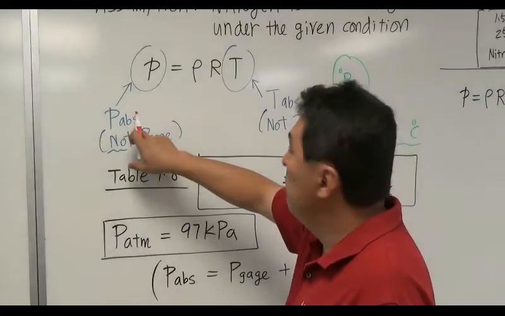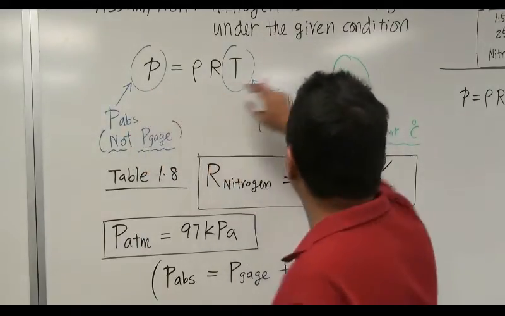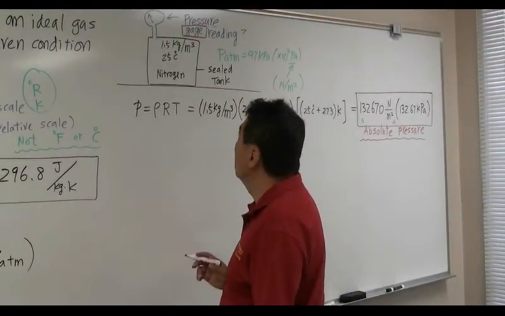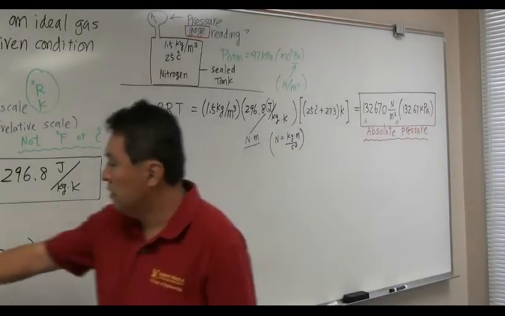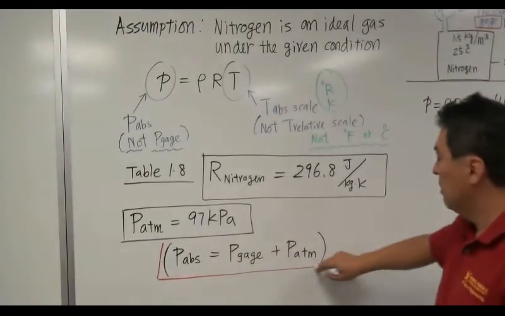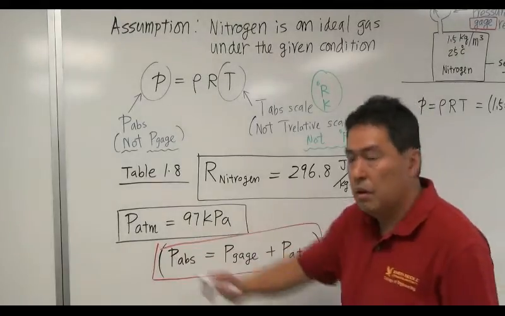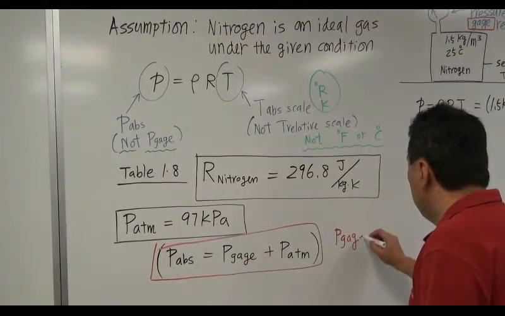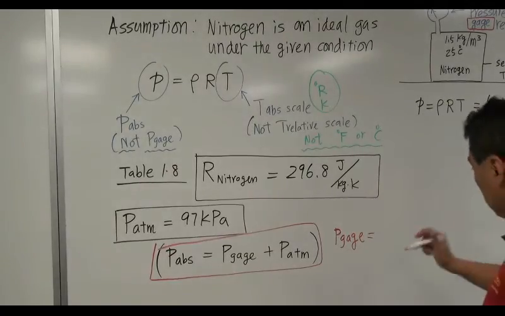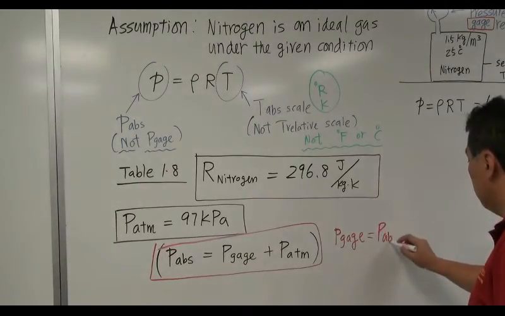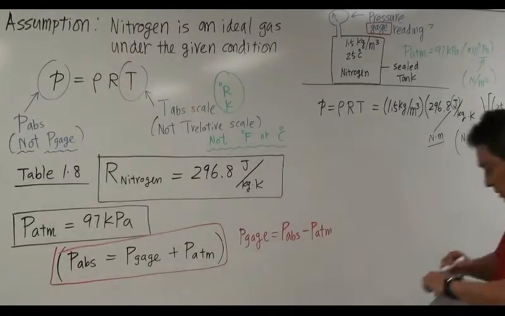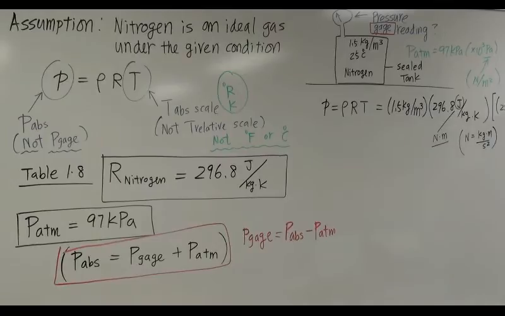You have to convert absolute pressure into gauge pressure. How can we do that? We're going to use this equation: P gauge is equal to P absolute minus P atmospheric.